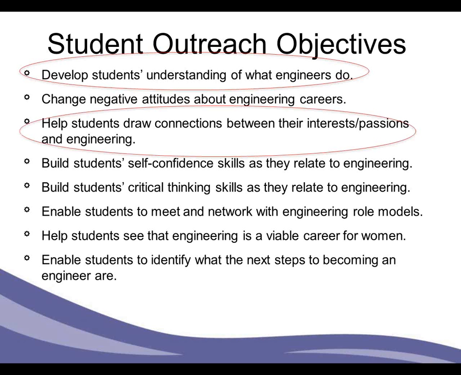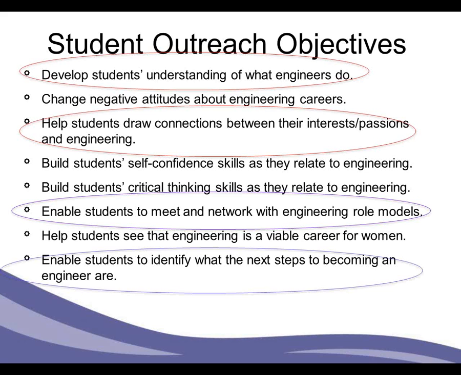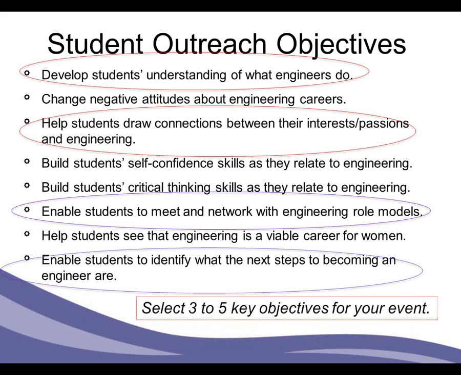If you were running an event for high school students, you might have an objective of enabling students to meet and network with engineering role models, or of enabling students to identify what the next steps to becoming an engineer are. There are many possible objectives. We recommend that you select 3 to 5 key objectives for your event.